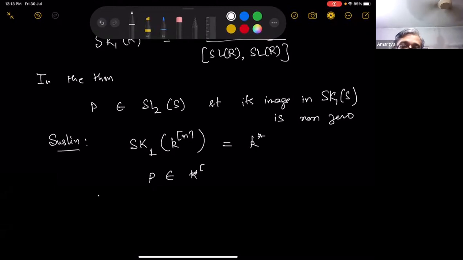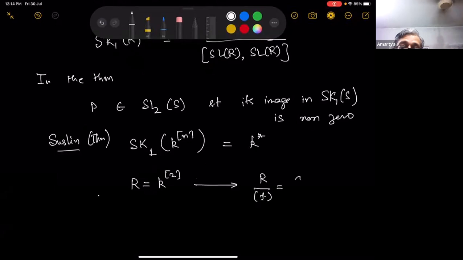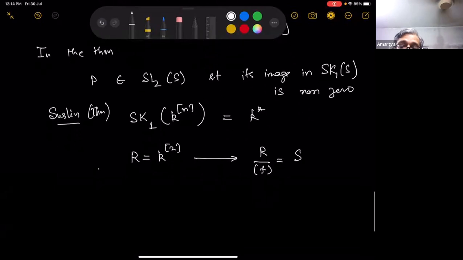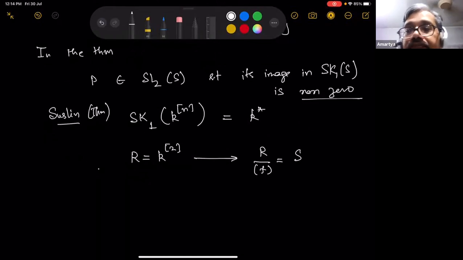Okay, better. So this is a theorem. So in general, we have R equal to K[x,y], and from R we surject onto S, and here every matrix will become stably trivial. So non-zero I mean, better should say it's trivial.